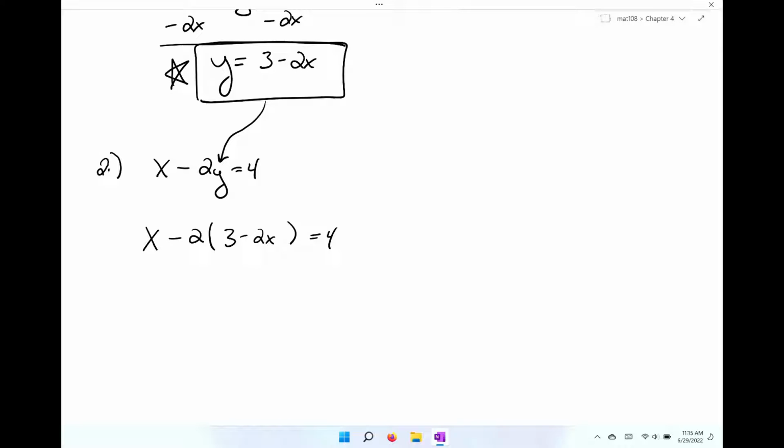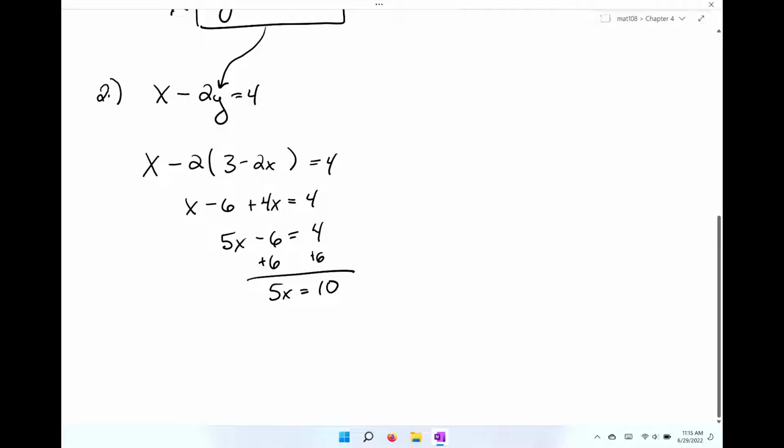So I will distribute to give me x minus 6 plus 4x equals 4. I will combine like terms. I will go ahead and isolate the variable. And then finally, divide both sides by the coefficient in front of the variable to give me x equals 2.